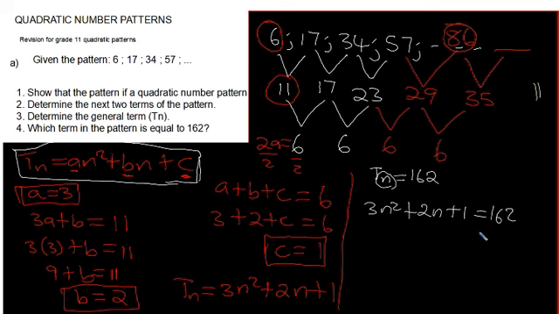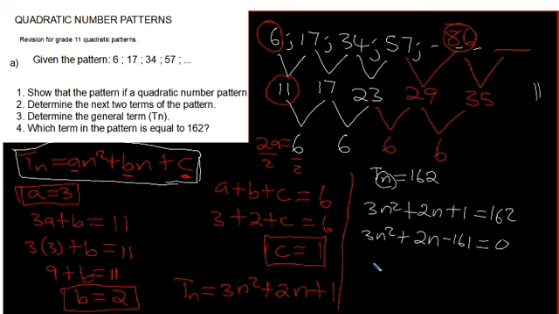Take 162 to the left: 3n squared plus 2n plus 1 minus 162, so we have minus 161, equal to 0.